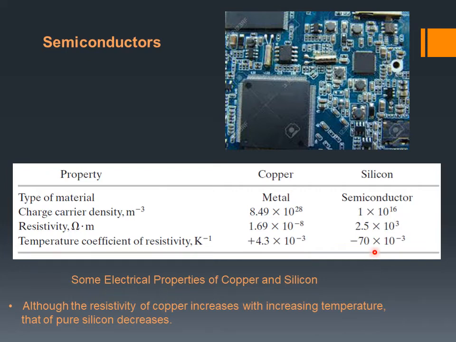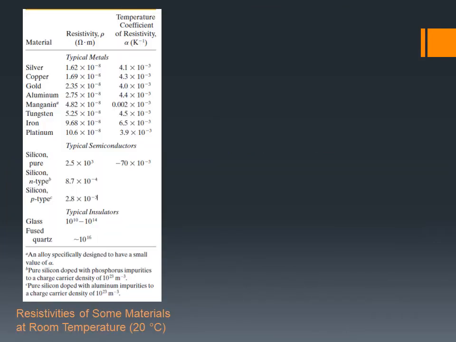So, okay, a decreased resistivity is required for the conduction. Now, how is that? Look at this table. These are some materials, resistivity is given, and temperature coefficient of resistivity. So these are materials which are typical metals, and these are materials which are typical semiconductors.